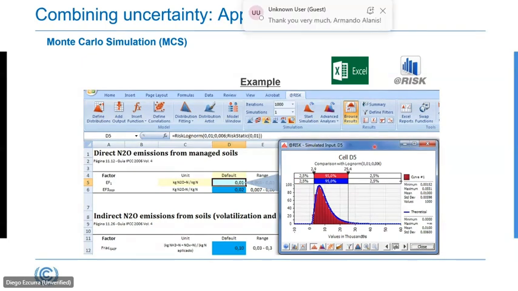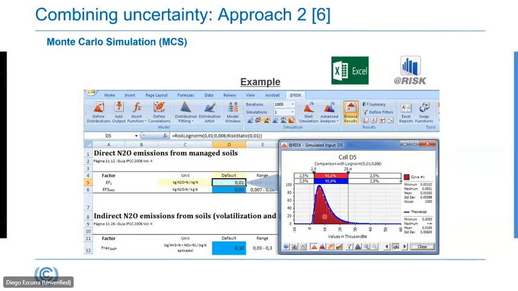Now we model this variable. We identified this variable as a key variable, so we model it as a log normal distribution. Every time we run the simulation, this cell will get a different number, and will not be 0.01 anymore.